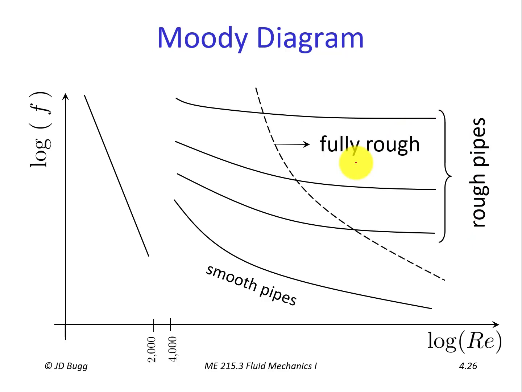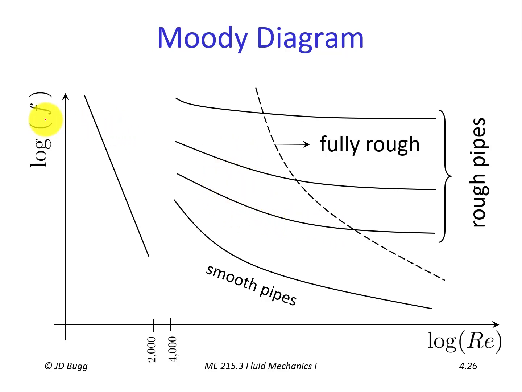So there's a line here that divides this transition region from this region where we have horizontal lines. So this is called complete turbulence, or the fully rough zone. So each of these lines is for a particular value of relative roughness, and to the right of this boundary, they're essentially horizontal lines. But to the left of this boundary, they're sloped lines.